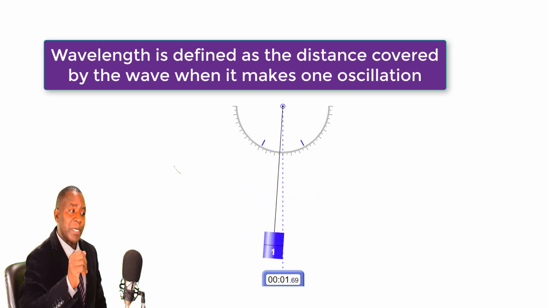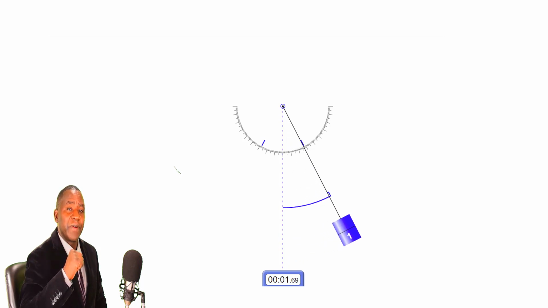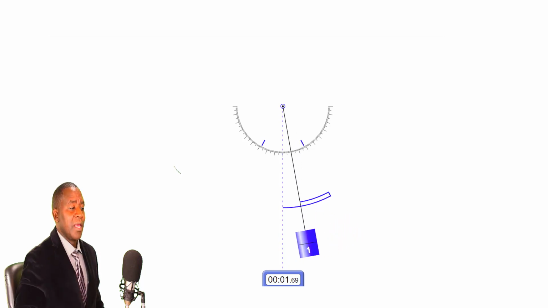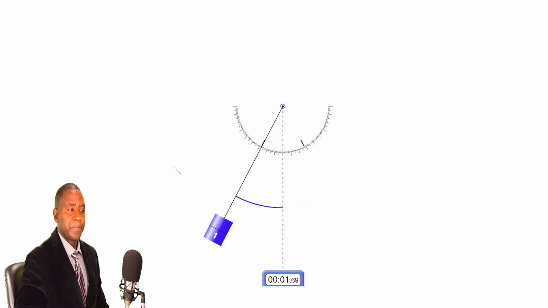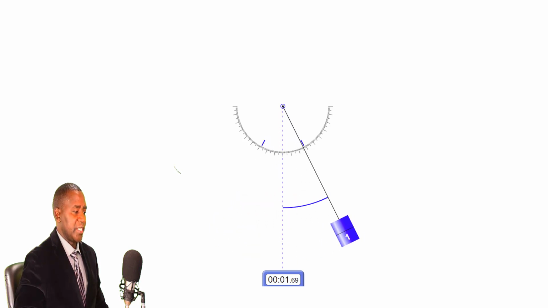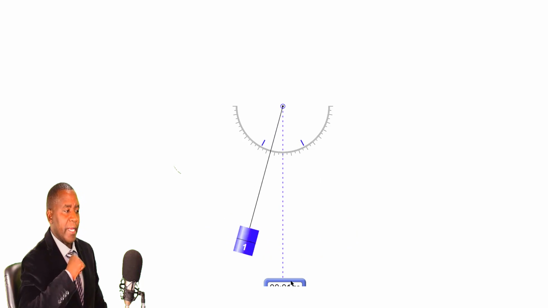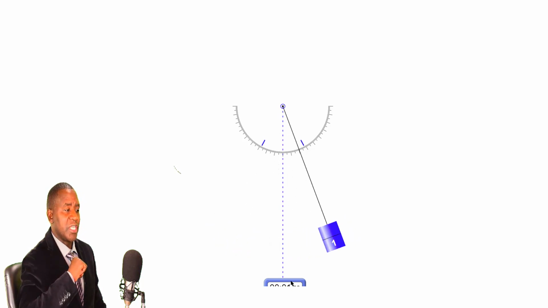The next property of waves is referred to as frequency. When I have this particle oscillating, let's now have it oscillating normally. This time, I don't want it to trace the path like that. And you can see I can get the number of oscillations that it makes in 1 second.